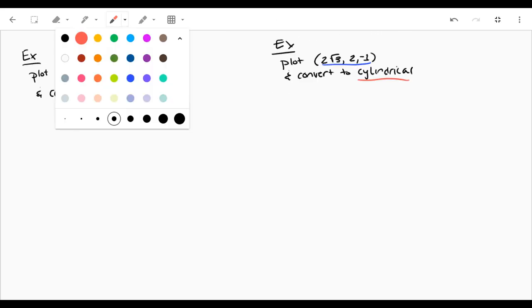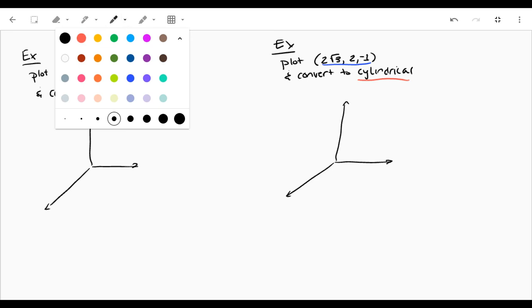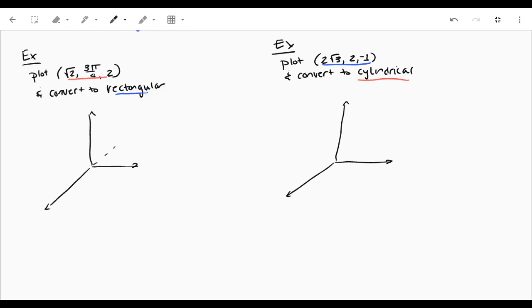Okay, let's get some axes set up here. I'm going to plot that polar point. 3 pi over 4 is actually going to throw me into my negative x's.